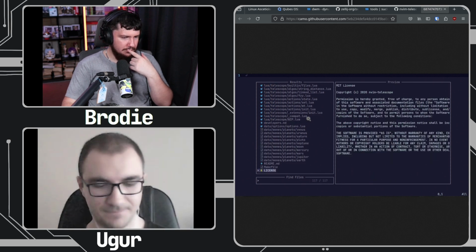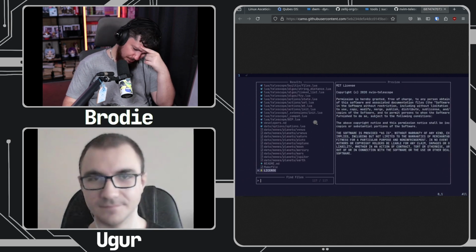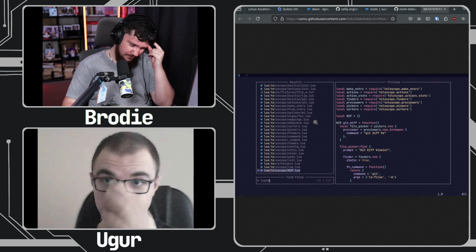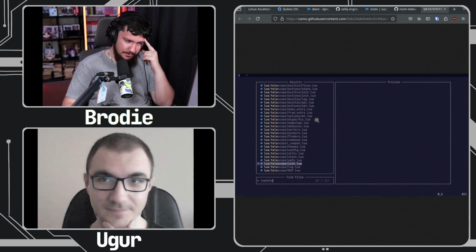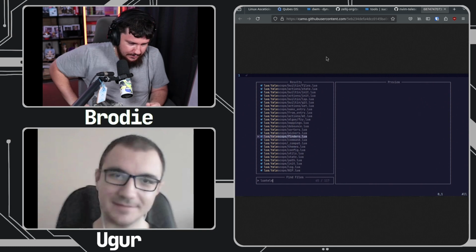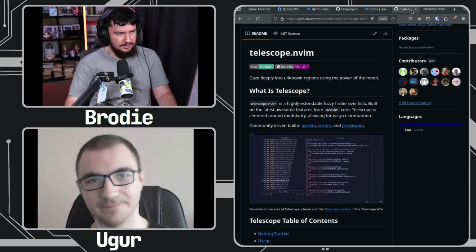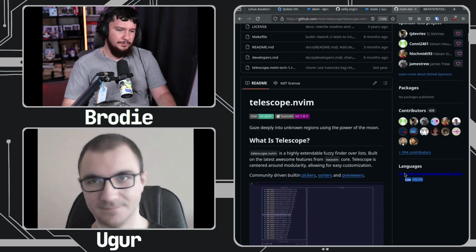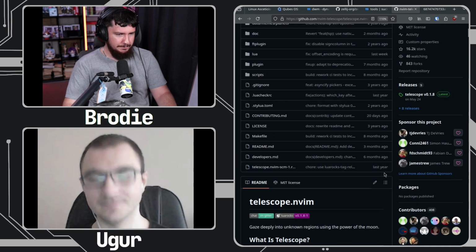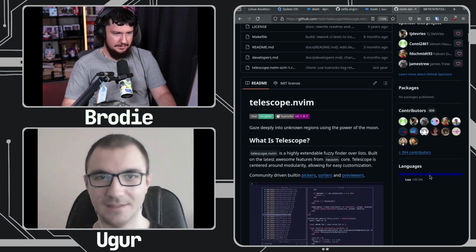There used to be another plugin, I want to say it was just called fzf.nvim or something like that, which did a similar thing. But I guess that's just a newer one. Oh, it's written in Lua. Okay, so it's one built from the ground up for neovim. That makes sense.